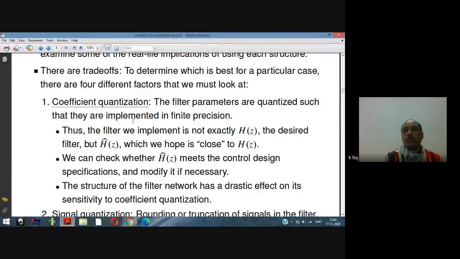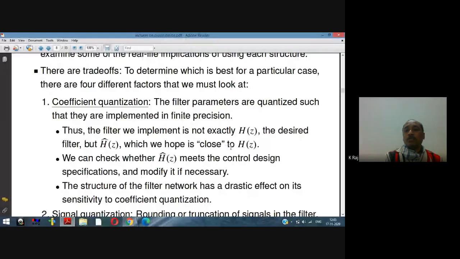So naturally the value of the coefficient will be changed, and hence the filter which we implement is not exactly H(z), the system function of the filter that has to be designed, but it will be modified to H cap(z), the modified H(z), which we hope is closer to H(z).